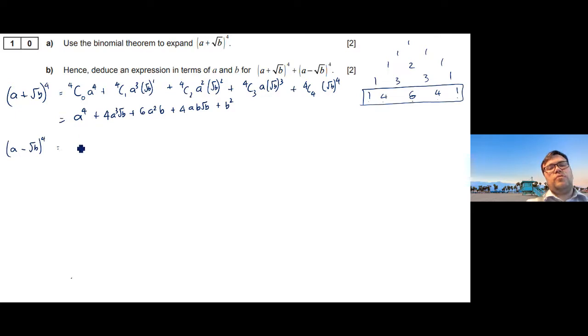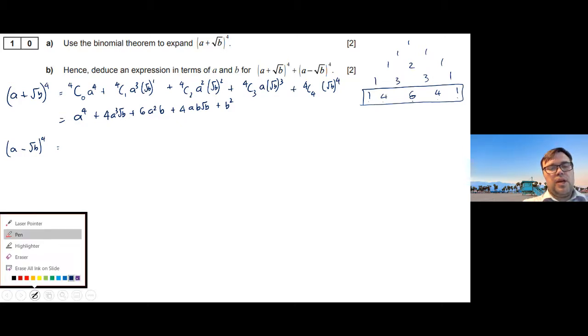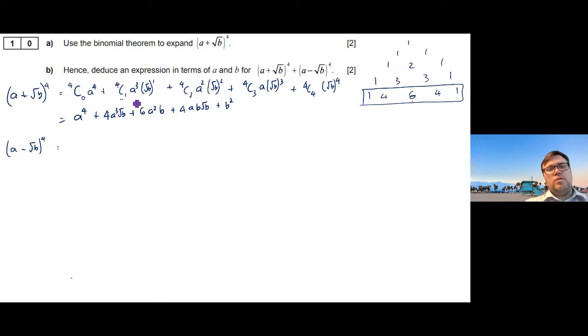We can, if you wanted to highlight where the b is going to be affected, see it here. The first term isn't going to be affected at all. So that's just going to be a to the 4. Here now we have minus root b.